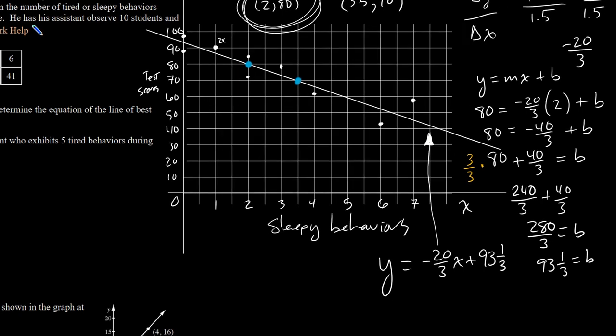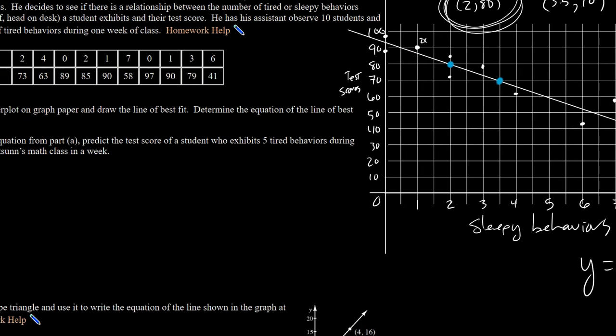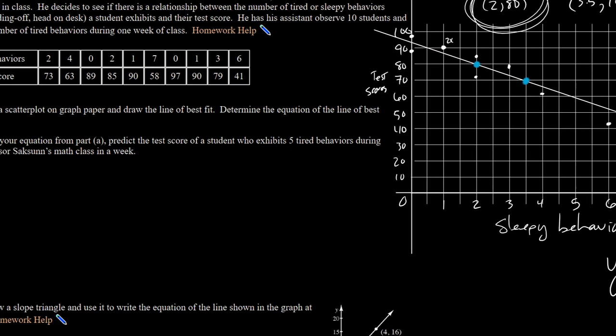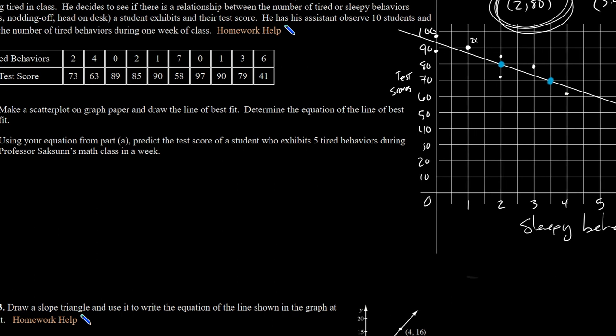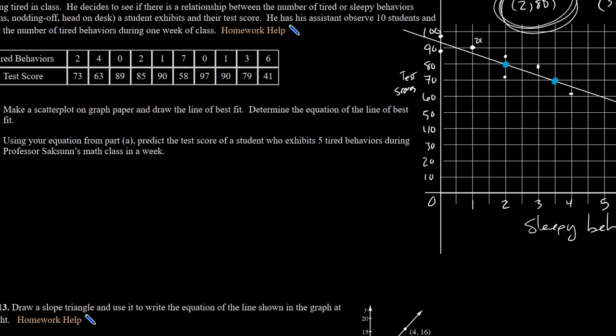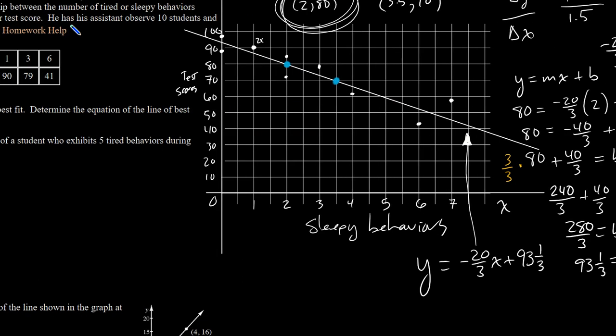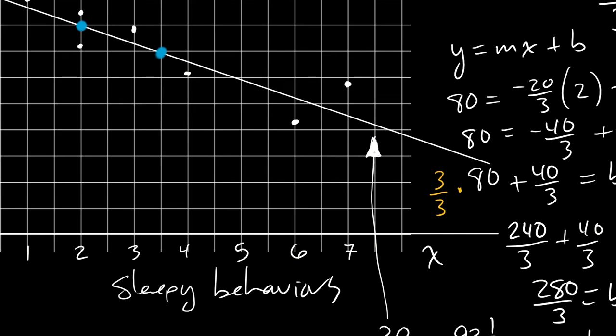And the final question says, predict the test score of students who exhibit 5 tired behaviors during Professor Saxum's math class in a week. So if you consider this line, where x is 5, about what do you expect to see for the score for that person?